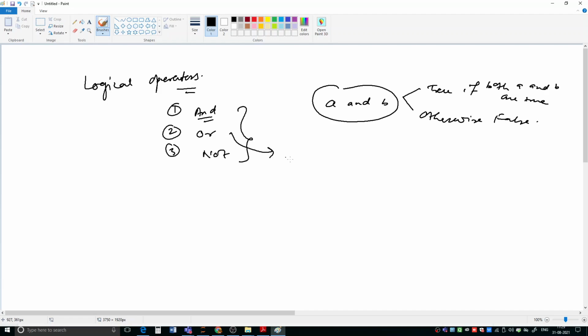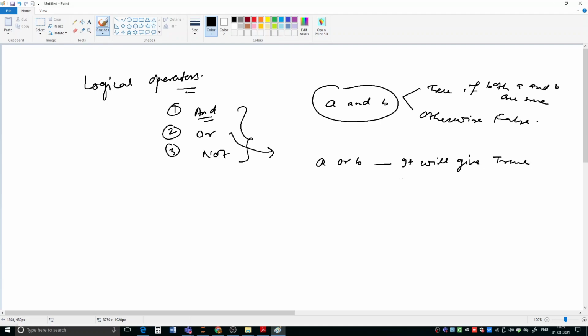Then the OR operator. So the OR operator can be used like this, A or B. It will give you true. In what situation will it give true?